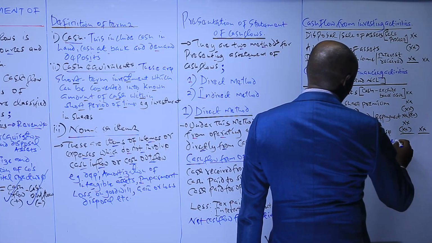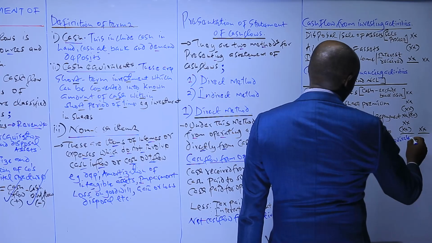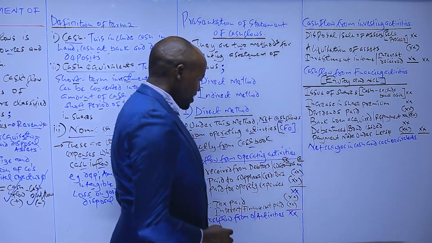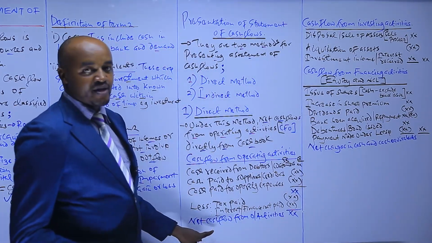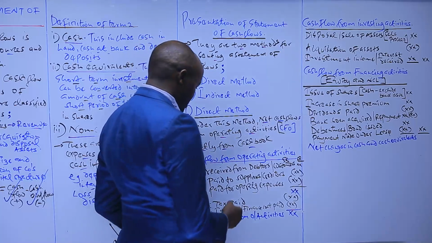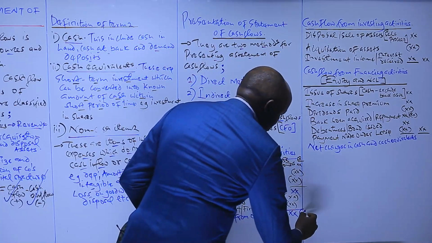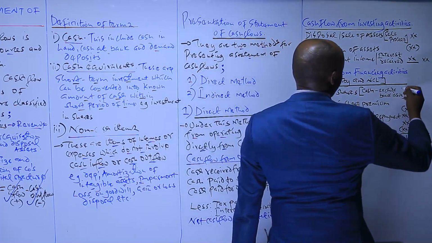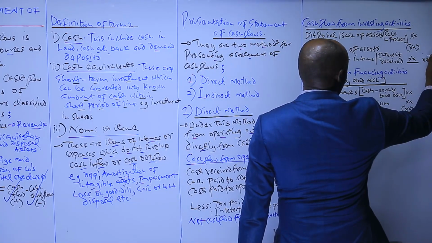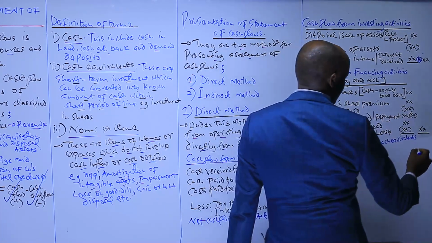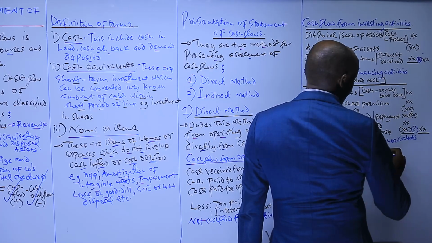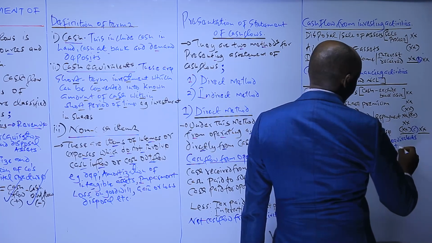Basically we get that by adding three items: the net cash flow from operating activities, the net cash flow from investing activities, and also from financing. So we add those three figures.